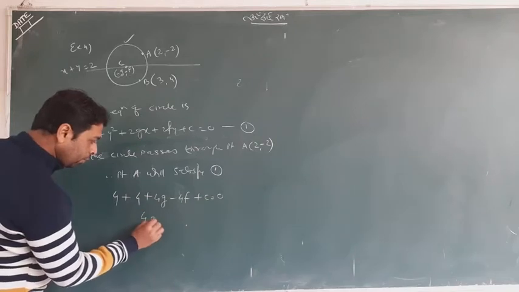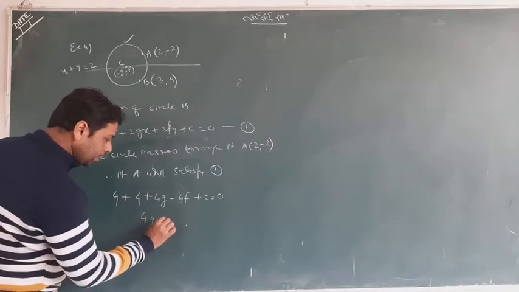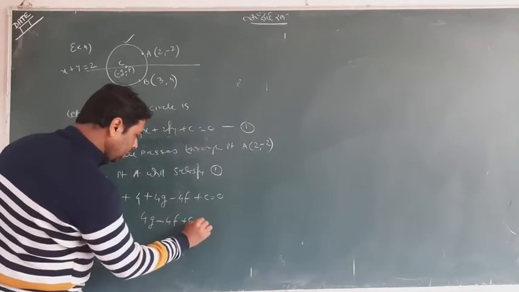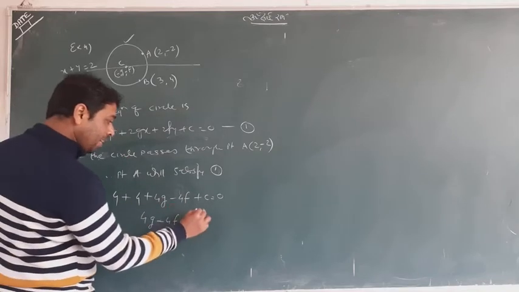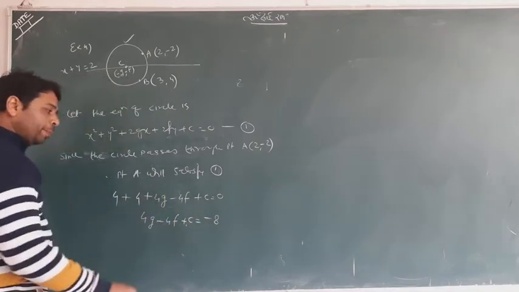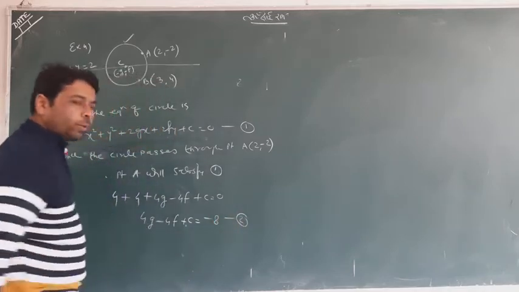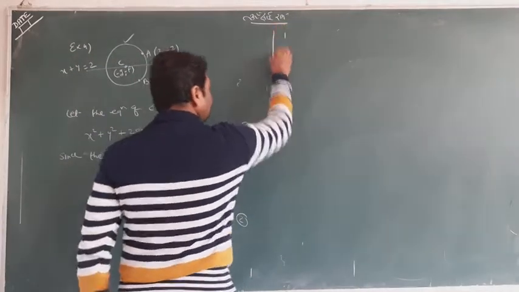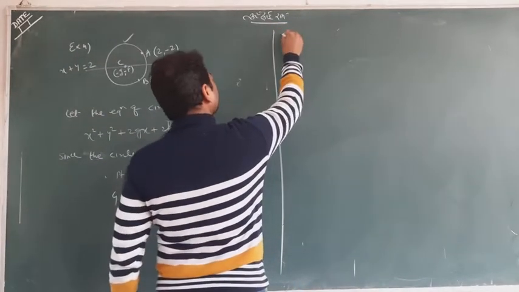You have got 4g minus 4f plus c equal to minus 4 minus 4, that is minus 8, transferred to that side. And you have got the second equation. Similarly, you can understand what I'm going to do.